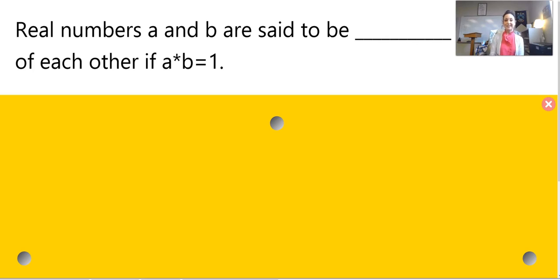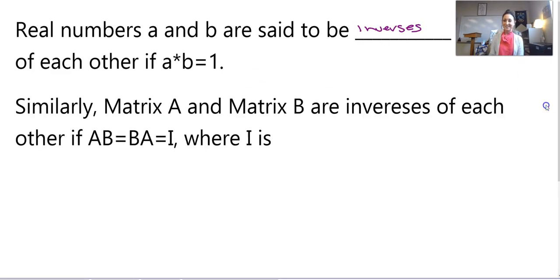Okay, so for real numbers A and B, they're said to be inverses of each other, or reciprocals, if, when I multiply them together, I get 1, right? We have an analogous situation for matrices, okay? So matrix A and matrix B are inverses of each other if, when I multiply them together, either way, I get this matrix I, where I is considered to be your identity matrix.